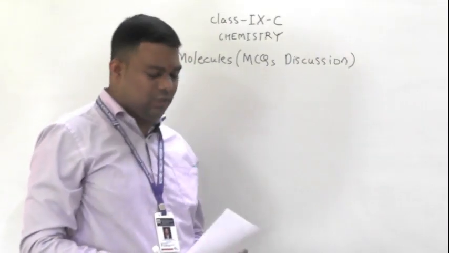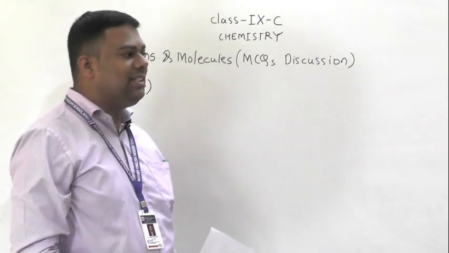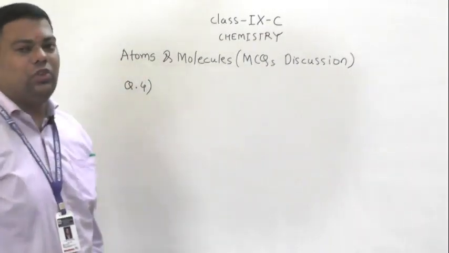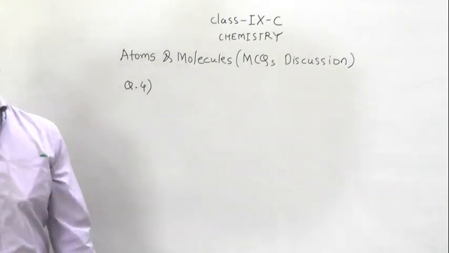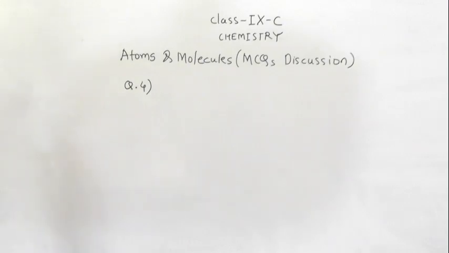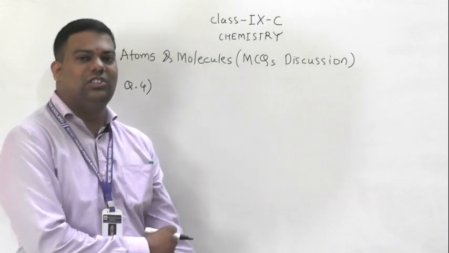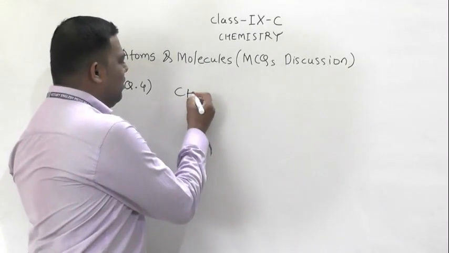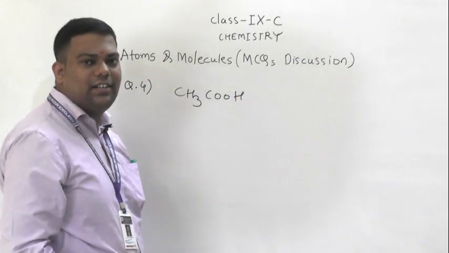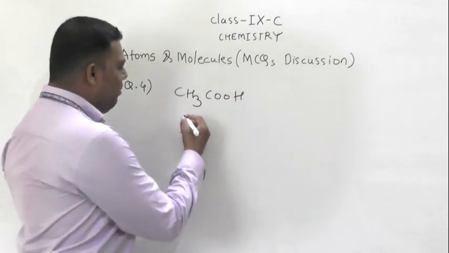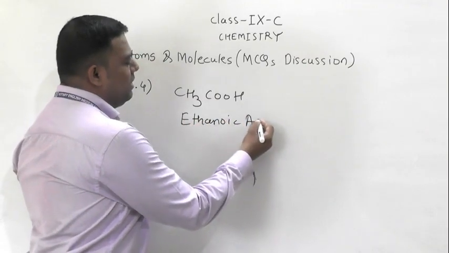So see question number 4. How many moles of oxygen atoms are present in 1 mole of acetic acid? You must know 1 mole of acetic acid. I already told this acetic acid means CH3COOH. CH3COOH is acetic acid. Another name, or we can say IUPAC name, is ethanoic acid.